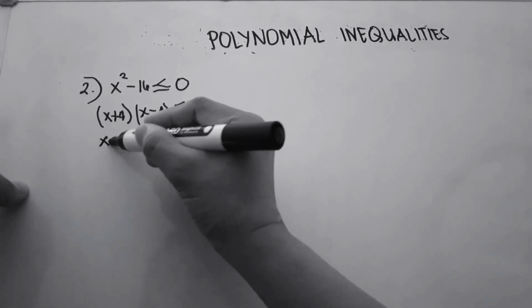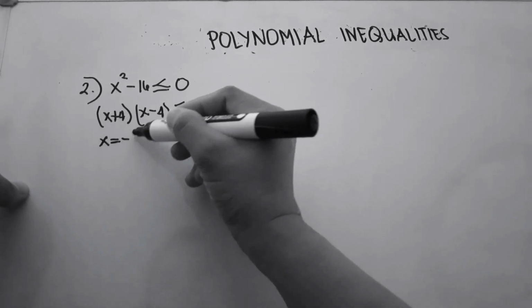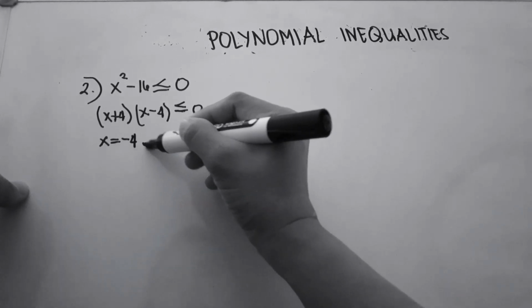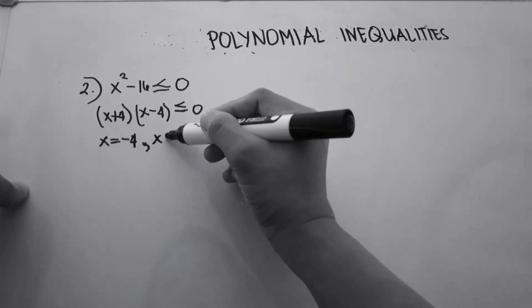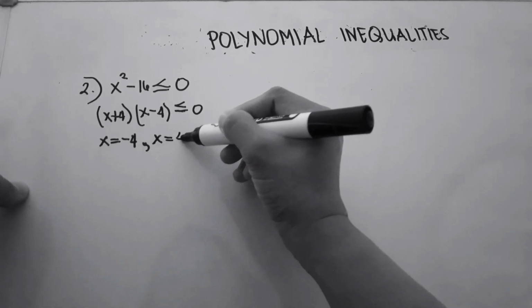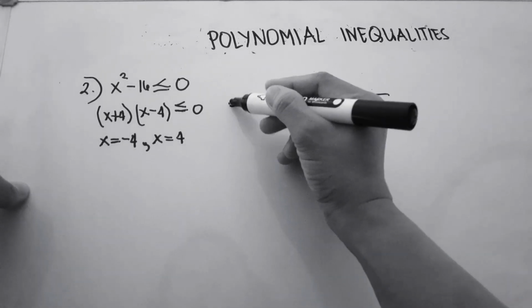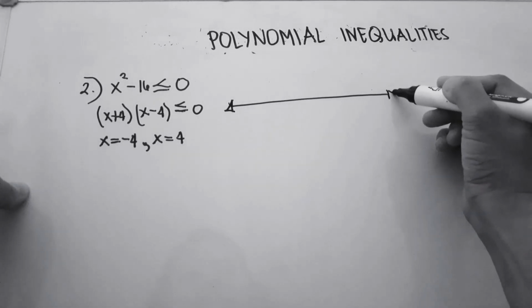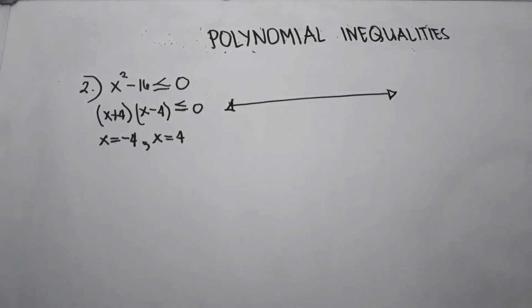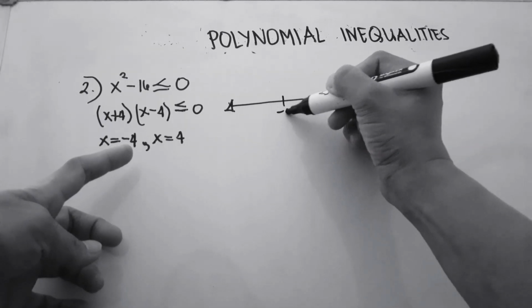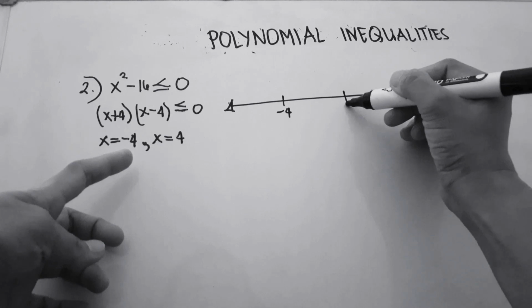Setting each factor equal to 0, x is negative 4 and x is positive 4, which we mark as critical values to solve the polynomial inequality.